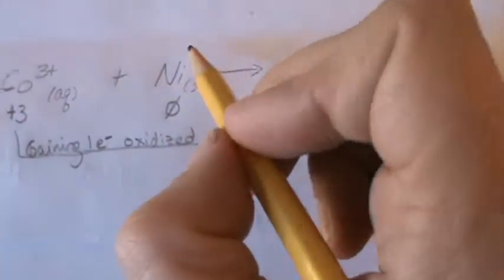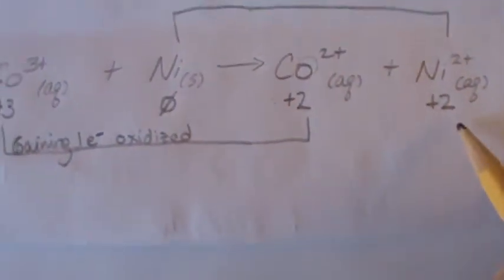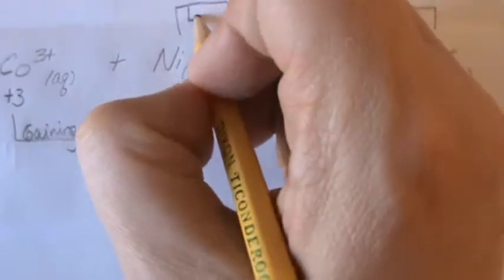Back to the nickel now. With nickel, we are going from 0 to +2, so we are losing 2 electrons. This is one of those cases where there's really nothing to balance except the electrons.